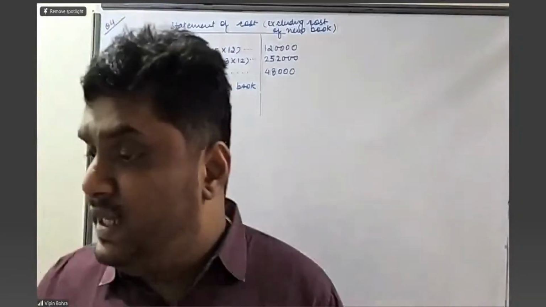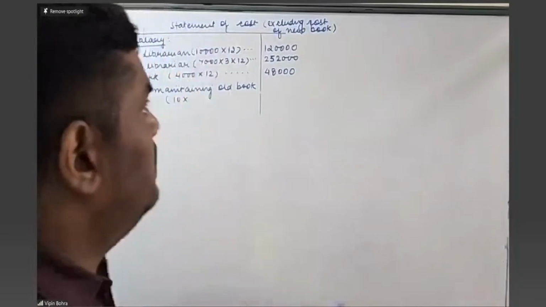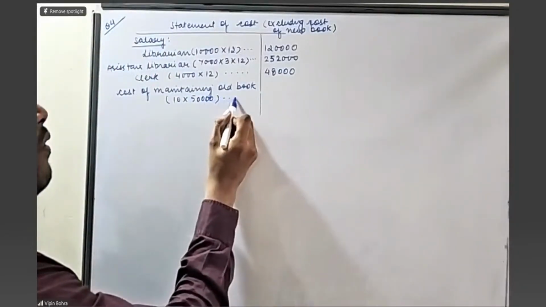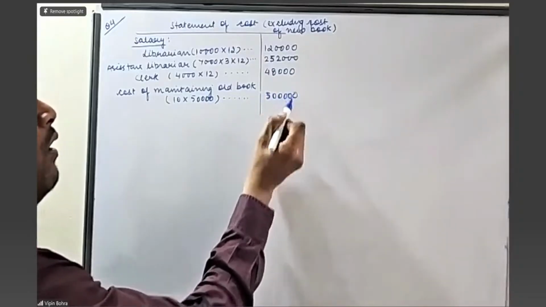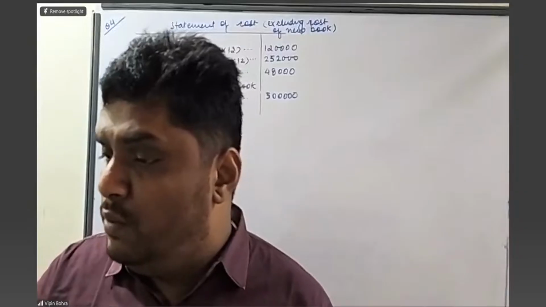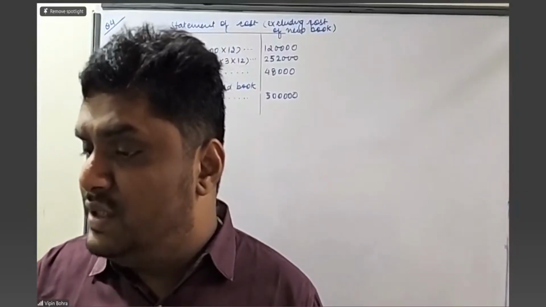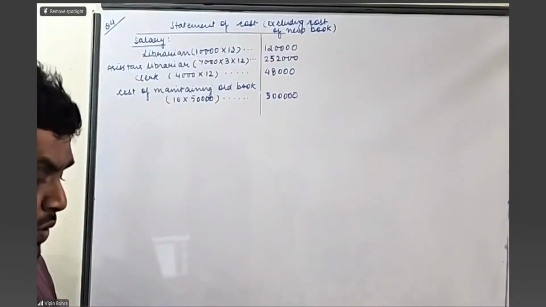It is rupees 10. And the total number of old books are 50,000. I think I have taken all the costs. So let me check one more time. So I think I have considered all the costs. So this is basically the cost of operating the library, excluding the cost of new books.